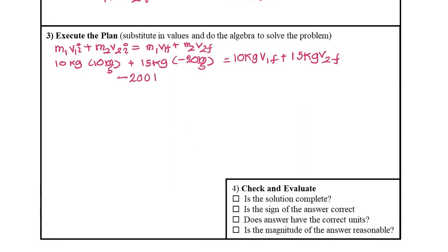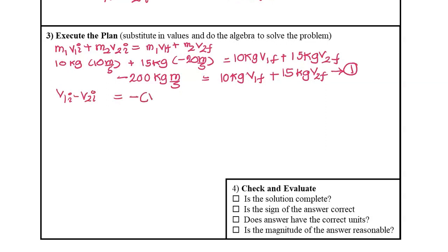Then I'm going to use the second equation, but let me solve this one first. 10 times 10 is 100, and 15 kilograms times 20 is negative 300. So I end up getting negative 200 kilogram meters per second equal to this, and I'm going to label it as 1. Then the second equation: V1 initial minus V2 initial is equal to negative V1 final minus V2 final.